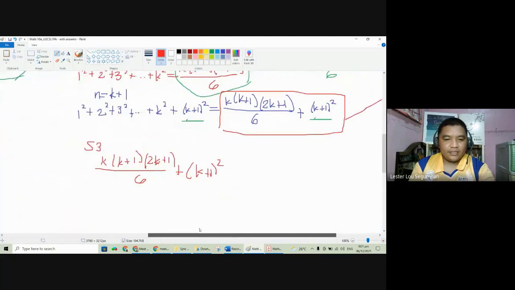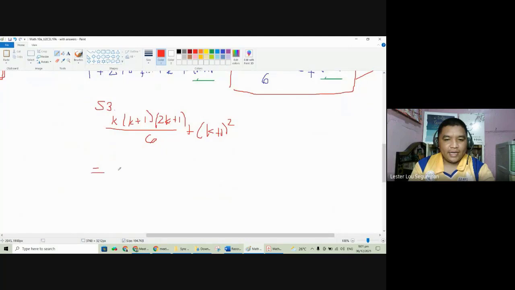So let's do this by LCD again. 6. So this is still k plus 1, and then 2k plus 1 plus, we all know again, this is the denominator of 1. So 6 divided by 1 is 6 times this expression. So you will have here 6 times the square of k plus 1.